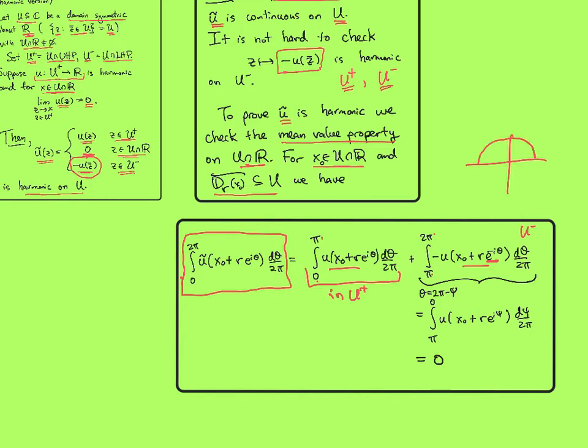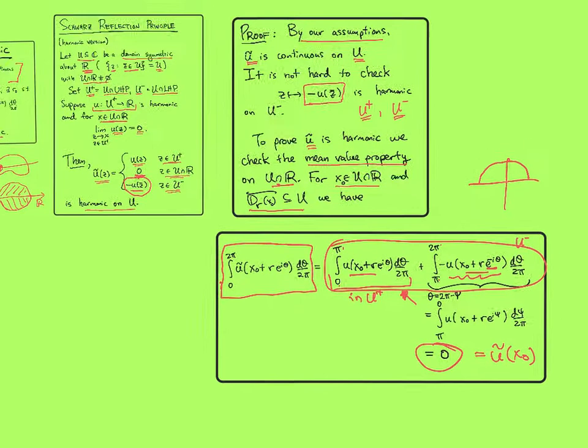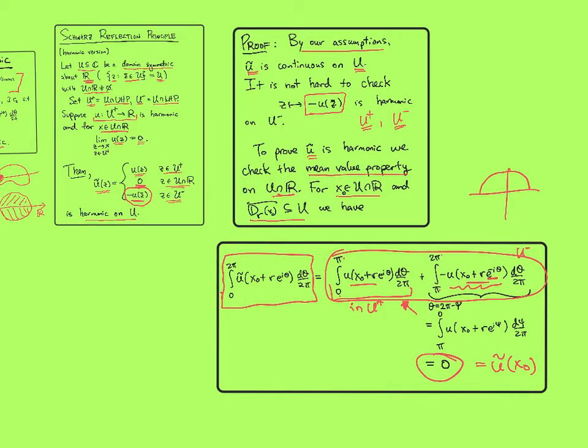And if you are careful with the signs, you'll see that we will exactly cancel out our earlier integral here. And so when you add these two things together, they cancel out and you get 0. But that's the value that we've assigned to U tilde at a real number. So the mean value property holds. So this gives an extension to all of the domain U.